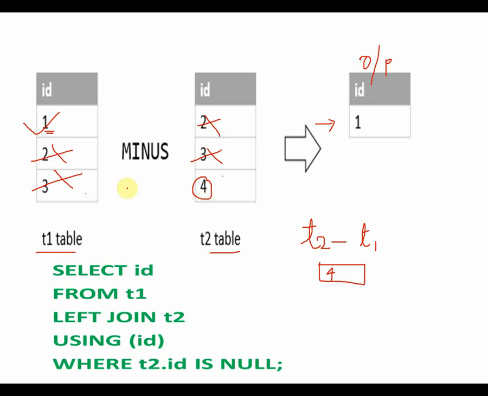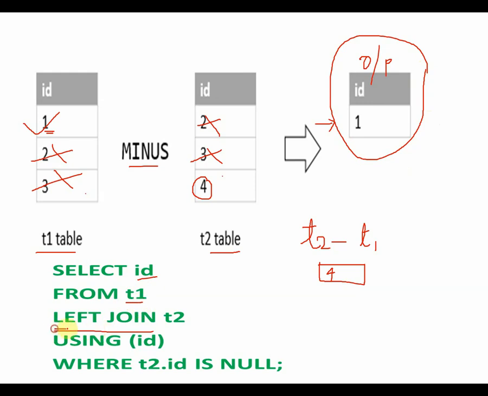Okay, what do we have to make use of? The minus operator. But please note that MySQL does not support the minus operator either. So to get the minus operation, we have to emulate it again. The emulation is done by making use of a left join. In this example, if we want to get this output, which is the minus operation, we first select ID from the T1 table.